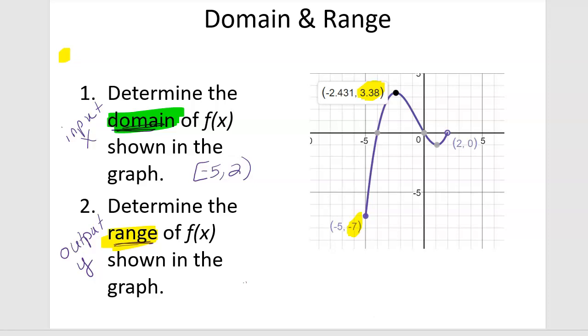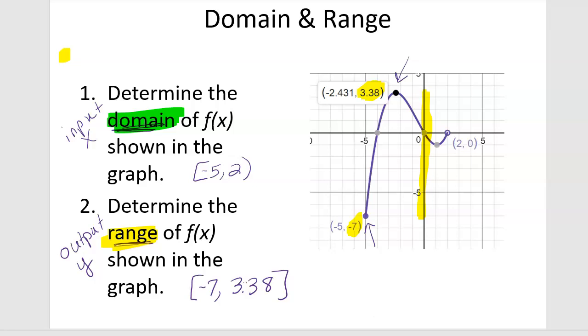So my range is using all of the y values from -7 up to the 3.38. So you want to think about these values along the y-axis. Now, once again, we have a closed circle here, and a closed circle here, so I can use a bracket on both ends. So I can say bracket -7 to 3.38 bracket.